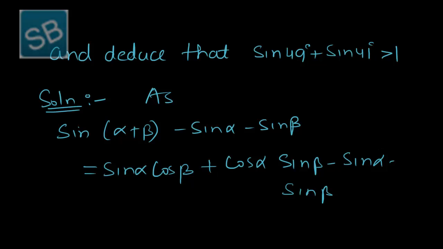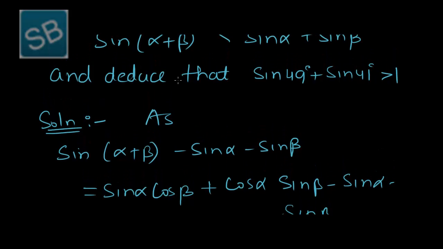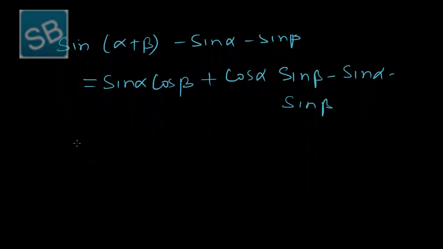Now there is a question, why will we take this expression? Because we have to prove the result or relation in this expression. So we take sin(alpha plus beta) minus sin alpha minus sin beta. If this quantity is less than 0, then we will get our result. So we are going to solve and try to create a relation between these terms.